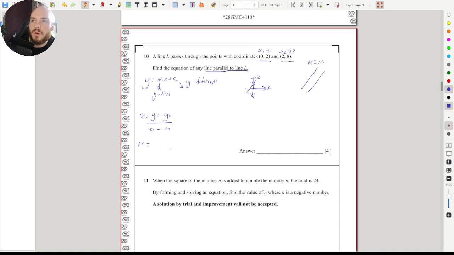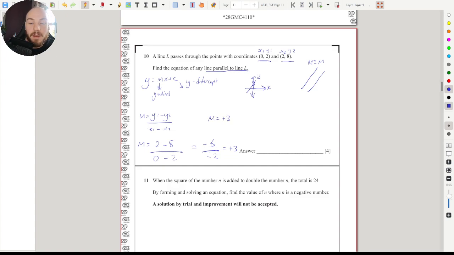So let's try and find what our m is equal to. y1 is 2, so 2 minus 8, which should give us minus 6. I'm just going to write that there. And then on the bottom, x1, which is 0, minus 2, so minus 2. Minus 6 divided by minus 2 is plus 3, so our m is equal to plus 3.